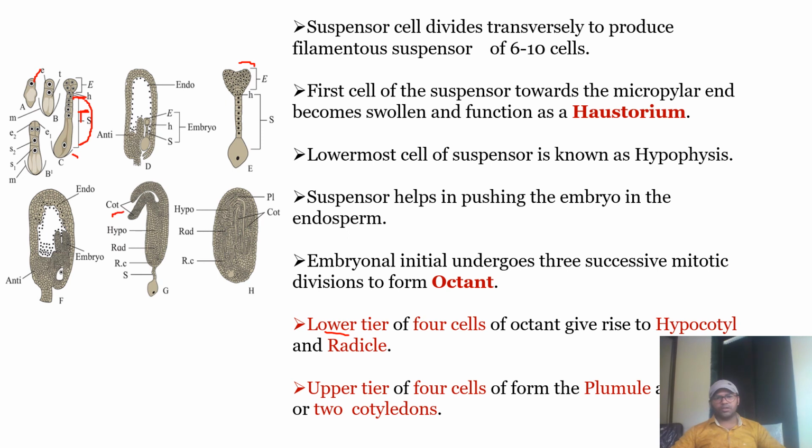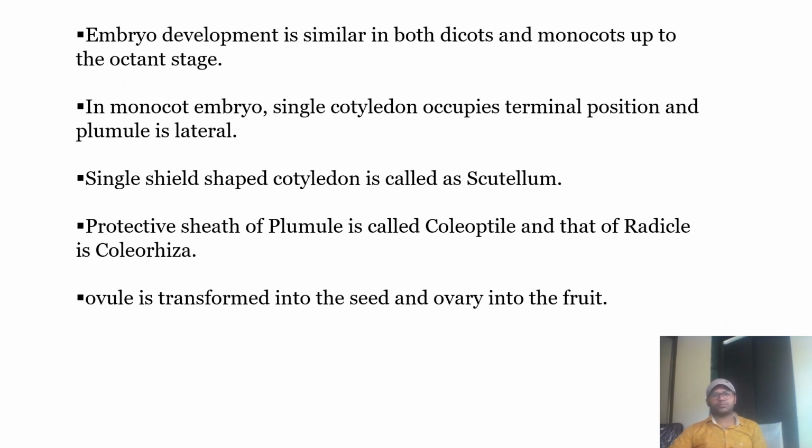Here you can see the cotyledons. This is the plumule, this is the cotyledon, which is formed by the upper tier, and in the lower tier you can see the hypocotyl and radicle, which is formed by the lower tier. So these are the parts of the embryo.